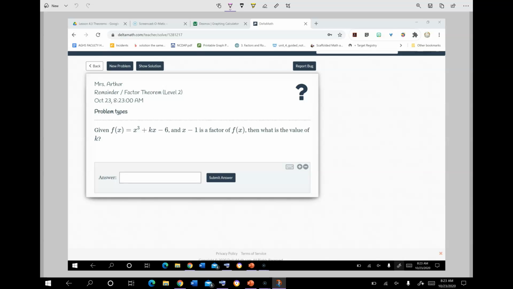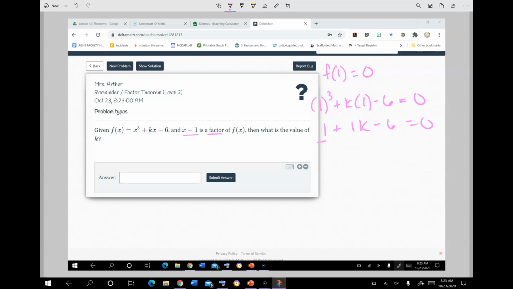And it says x minus 1 is a factor. When it says it is a factor, that means f of opposite equals 0. So that means when I plug 1 into all of these x's, my equation should equal 0. So 1 cubed is 1, that's just 1k minus 6 equals 0.